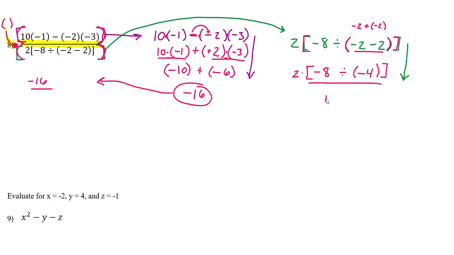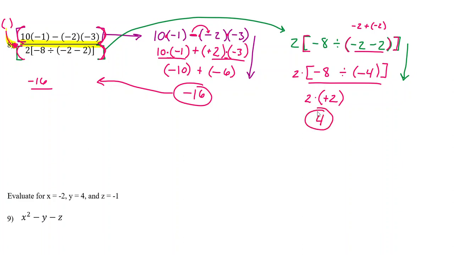If the signs are different, the answer is negative, so the answer is going to be positive something. And 8 divided by 4 is 2. So the answer is +2, and we don't have to write the positive sign there, but I just did that to remind myself the answer was positive, not negative. And then I write down the times 2 that was outside the bracket. And 2 times +2 is +4.